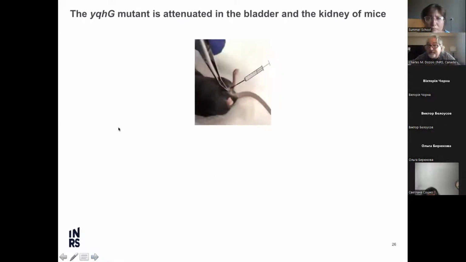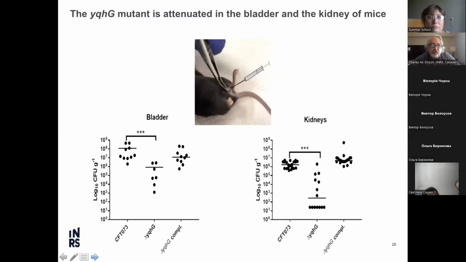So then we did an infection model using the mouse model of infection via a catheter and a urinary infection. We didn't keep a catheter in it, but it's just inserted into the bladder, the ureter, and then we would do colony counts 48 hours later. And so you can see in the bladder, the colonization here has dropped about 2 log.